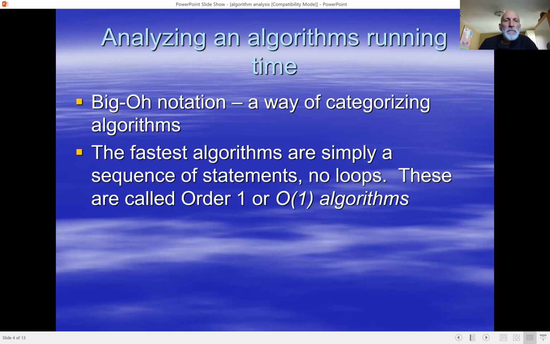So for example, the very fastest algorithms that have no loops, no looping structures at all, and are simply a sequence of statements one after the other, are called order one algorithms. And it doesn't really matter whether they're 5 statements or 500 statements. If there's no looping structure, then they're all categorized in a single order one algorithm.